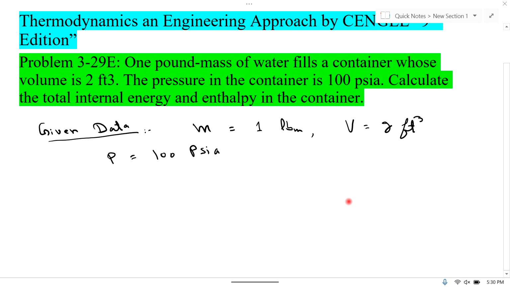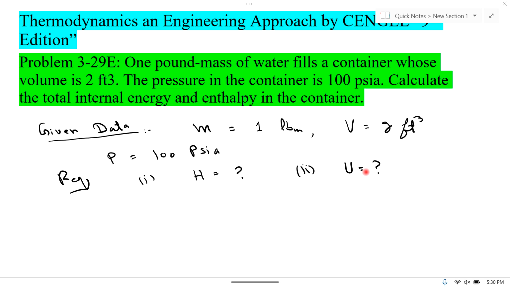Required is to find the total internal energy and total enthalpy. U is total internal energy, capital U, and capital H is total enthalpy.